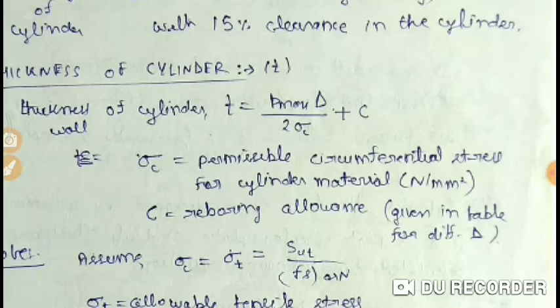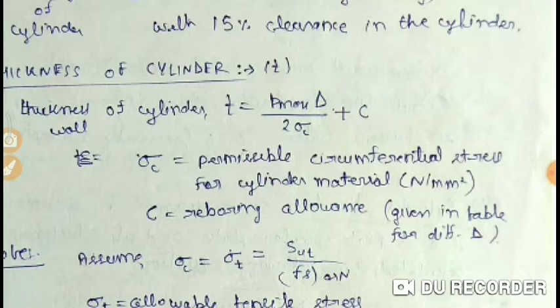As you already know, the circumferential stress value is always greater than the longitudinal stress value, so that's why we use the circumferential stress value to design the cylinder thickness. Because we always design for the failure condition, or you can say for the safe condition or the limiting condition.